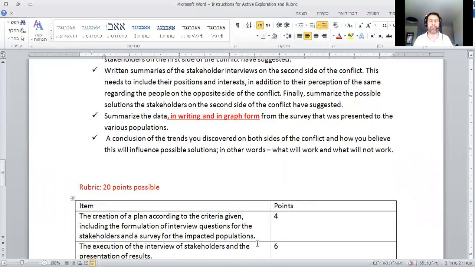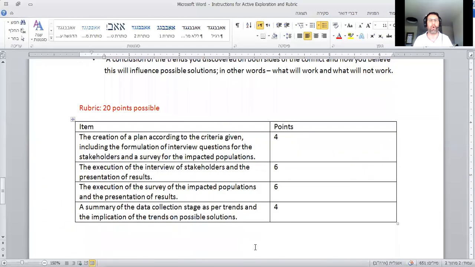So this part of your project is worth 20 points. So the first thing is the creation of a plan, which you've already done. This is 4 points. The execution of the interviews of stakeholders and the presentation of the results, 6 points.